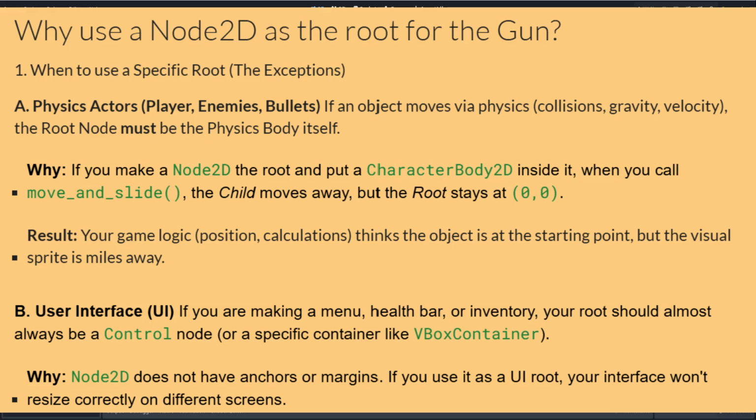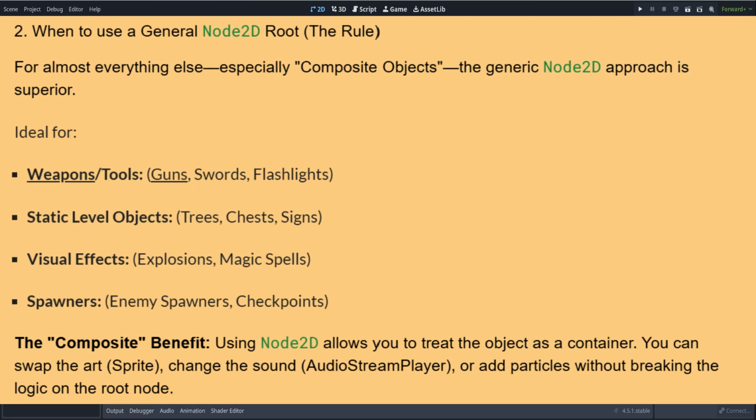So when should you use a general Node2D as the root? Well, for almost everything else, especially composite objects, generic Node2D is the right node to use because it's ideal for weapons and tools, guns and swords and flashlights, or static objects, trees and signs and chests, for visual effects like explosions and spells, and for spawners like enemy spawners, checkpoints, and so on.